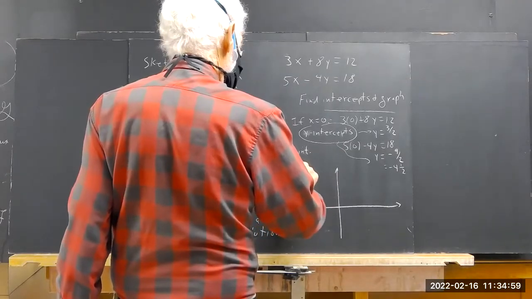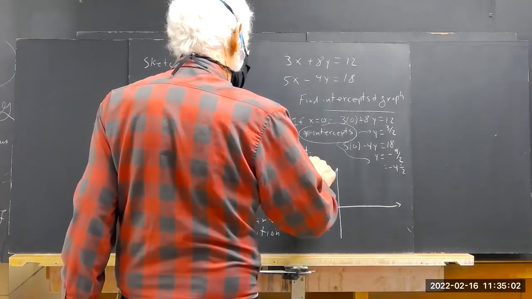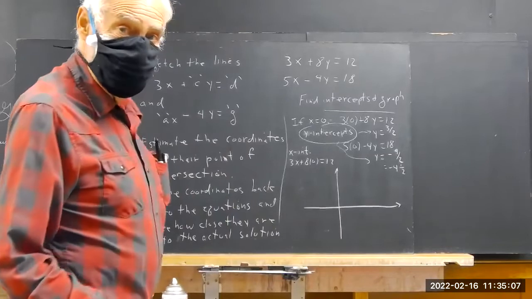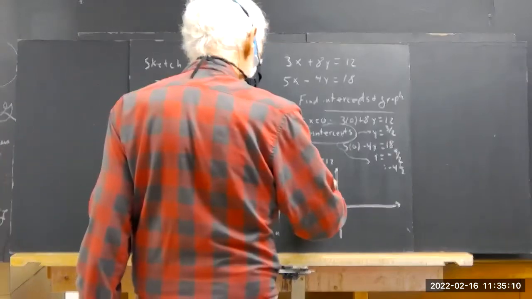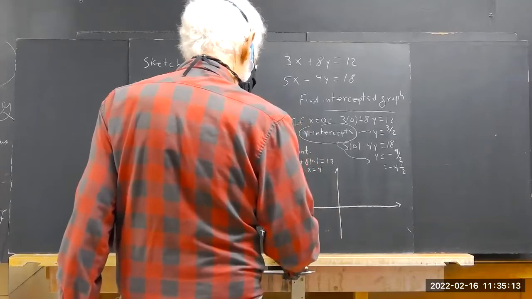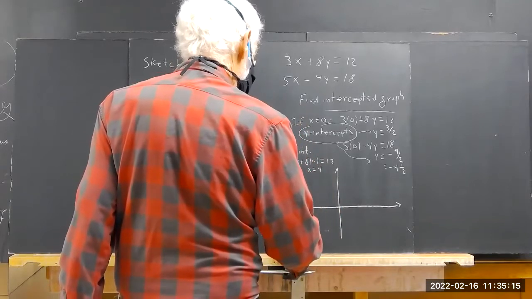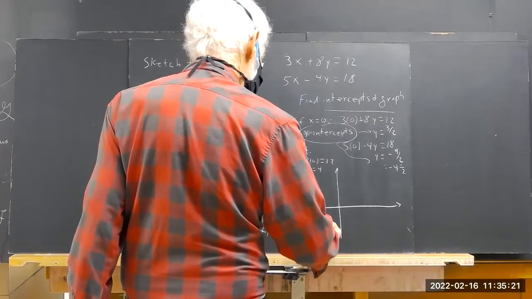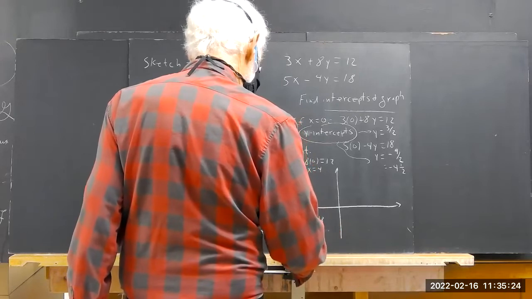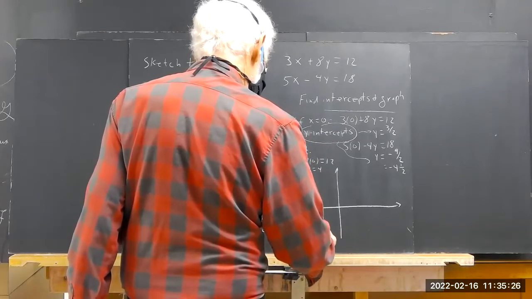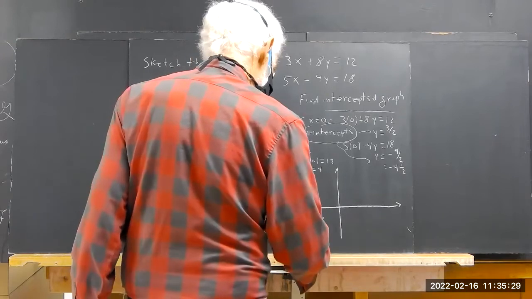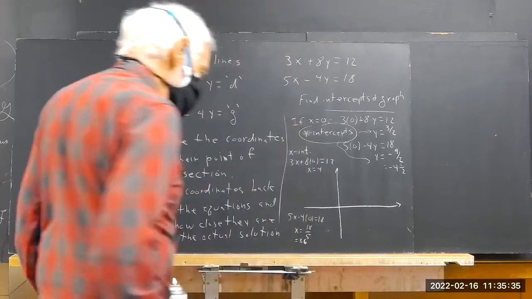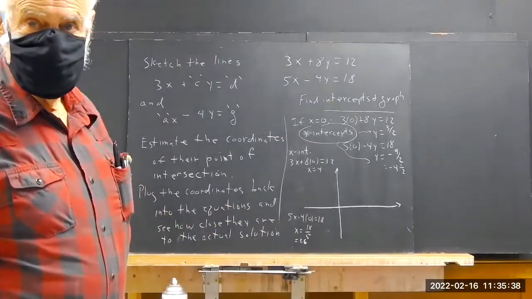You get 3x plus 8 times 0 equals 12, so x actually equals 4, right? Down here, you get 5x minus 4 times 0 equals 8, and you get x equals 8 over 5, which is 1.6, which I'm going to write as 3.6 because that's kind of convenient.